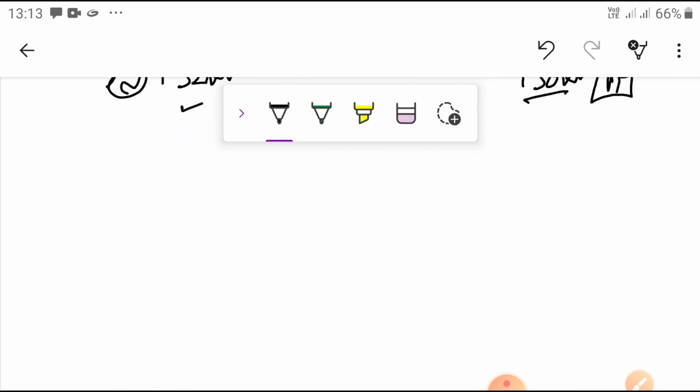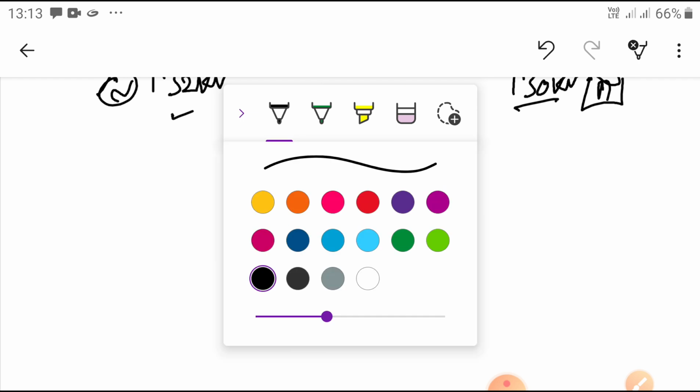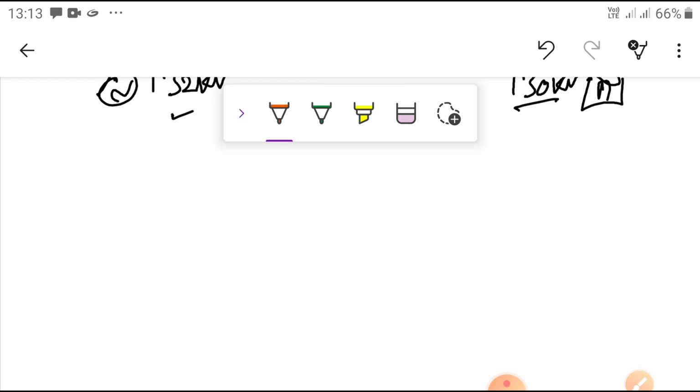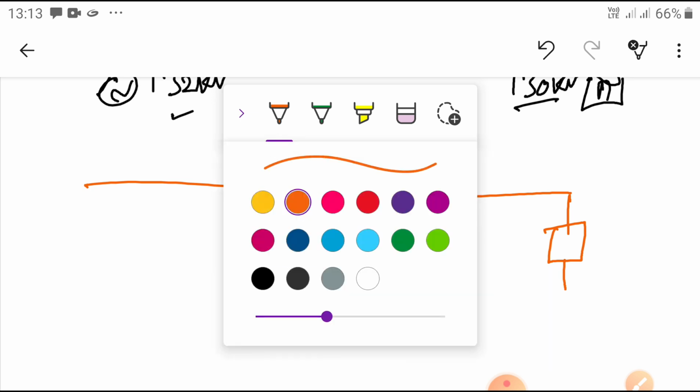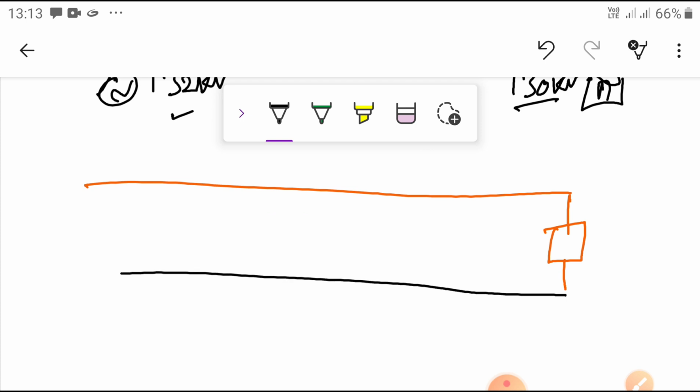We will see. Now for example, you take two phases. Here you take the R phase, connected to the load, and here you connect to the neutral. This is connected to the supply and this is the load.